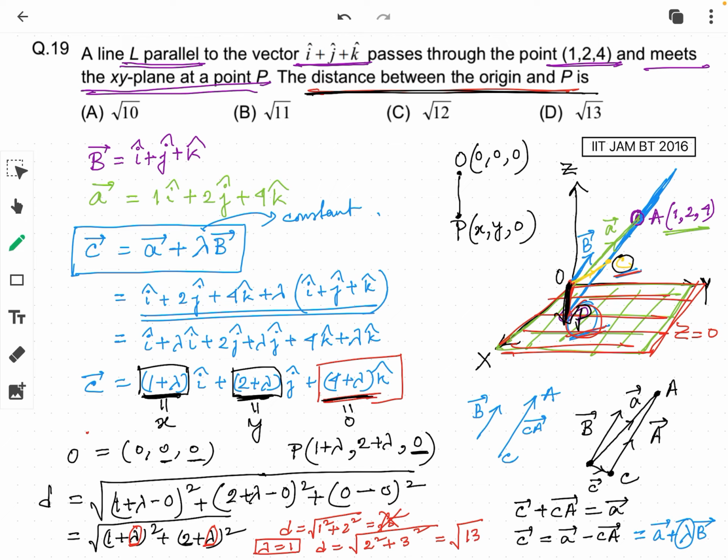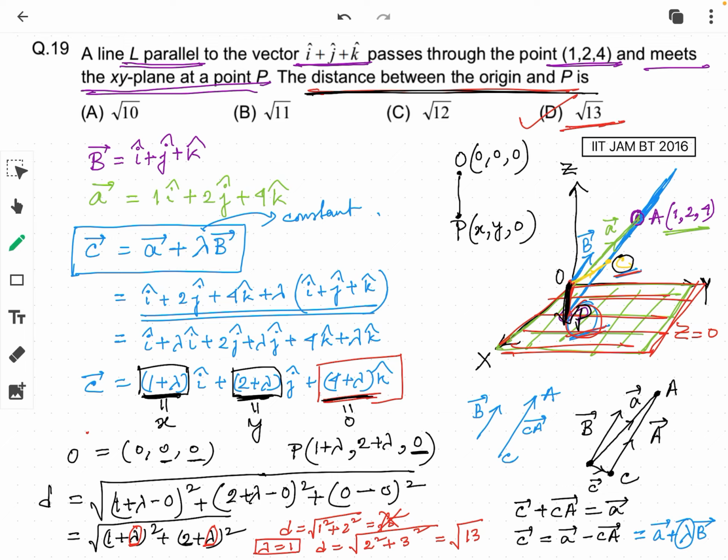That is in our options, option D, root over 13. So this is how we have come to the solution.